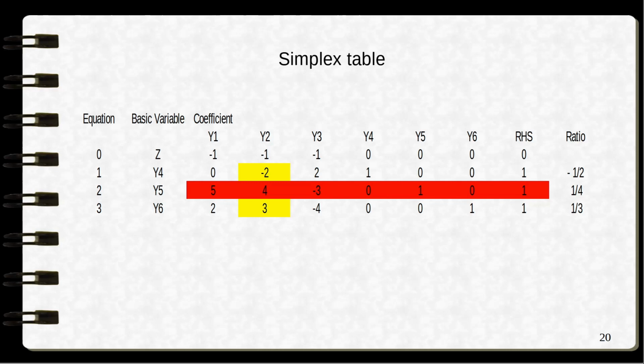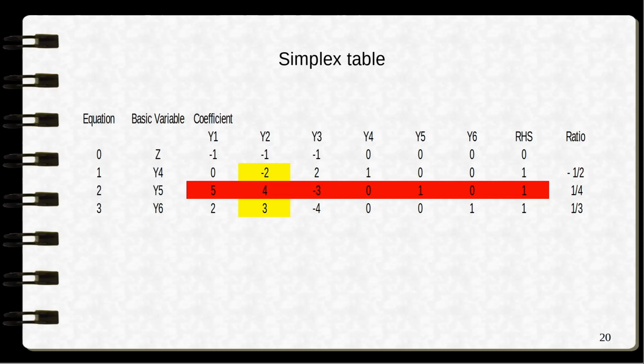If we move in the direction of y2, the incoming variable is going to be y2 and the outgoing variable is going to be y5, because y5 has the least ratio, right? So we do our row and column manipulations to make the column of y2 as 0, 0, 1, 0.